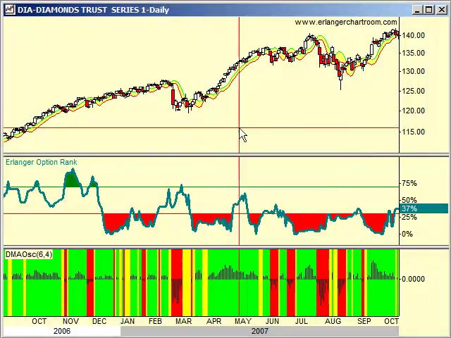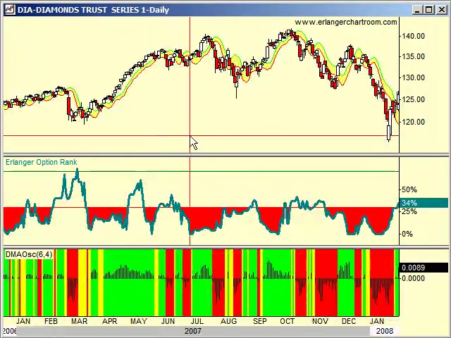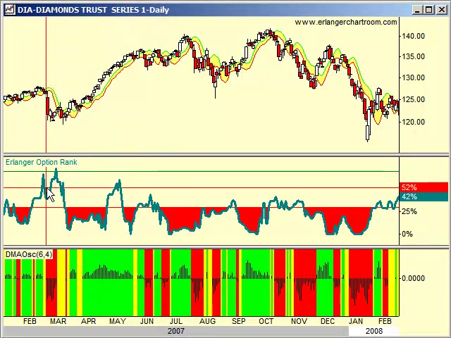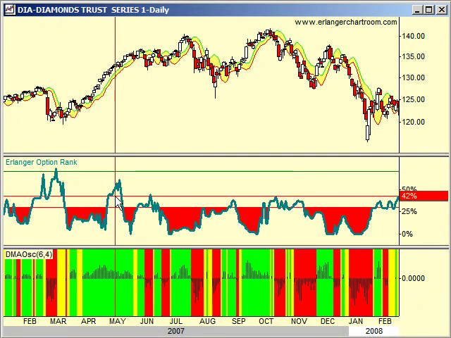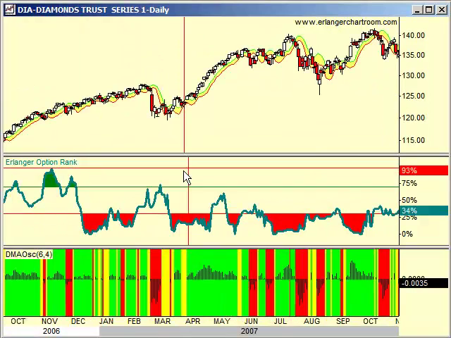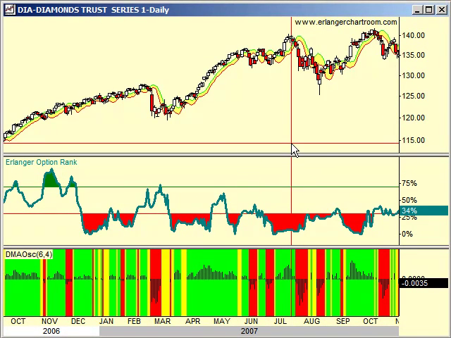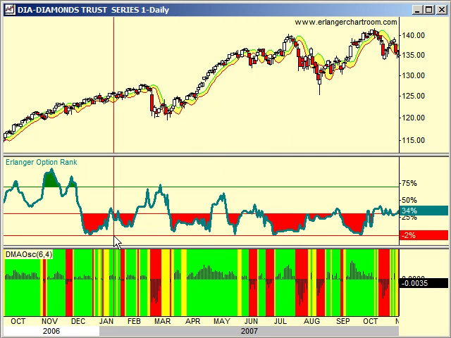Now, price kept going, so that's part of the model, but as you can see now, there's hardly any willingness to buy puts in this market. This whole move up in 2007 convinced options traders to eliminate buying a lot of puts as a strategy for going forward. And that could only be seen in a measure like this.